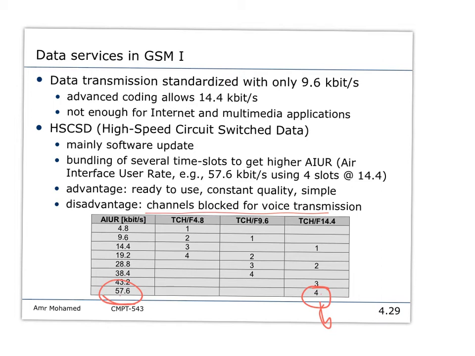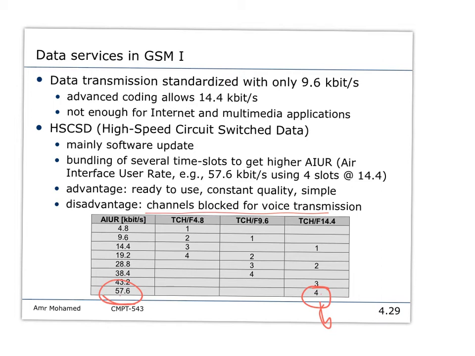The MS? Not the MS. The BTS or BSC. The BSC is the one that allocates the resources. Remember, the BSC is the one that performs the resource management or the resource allocation.